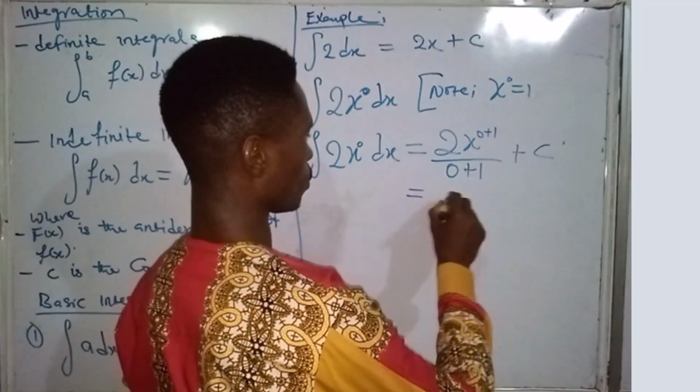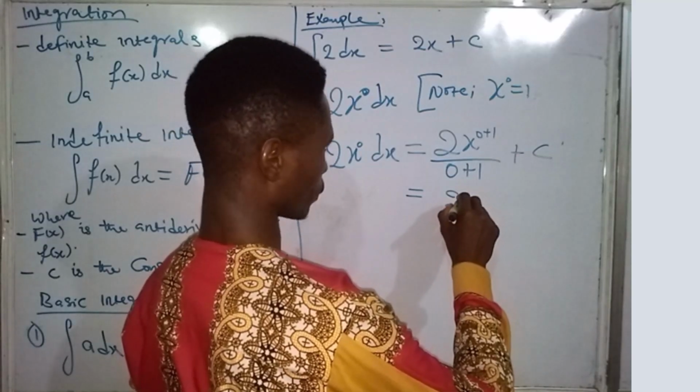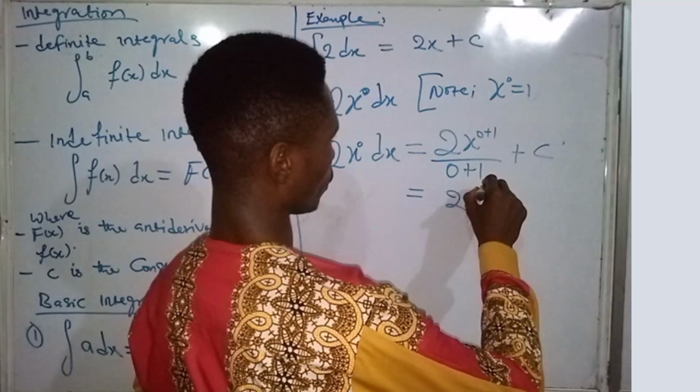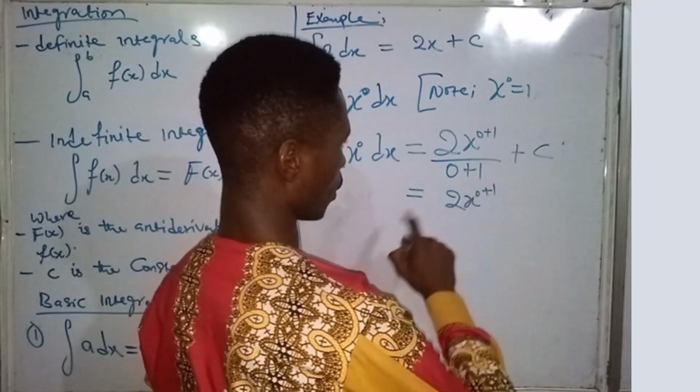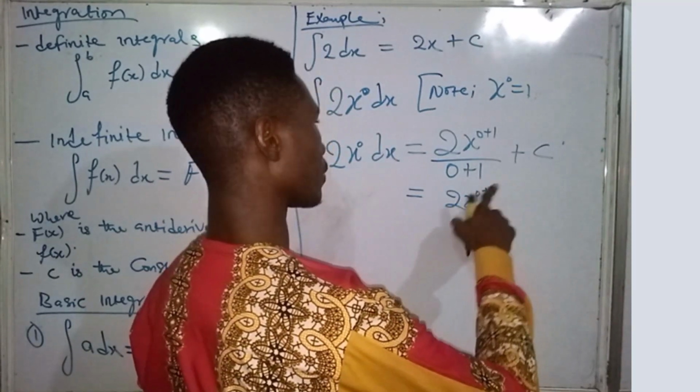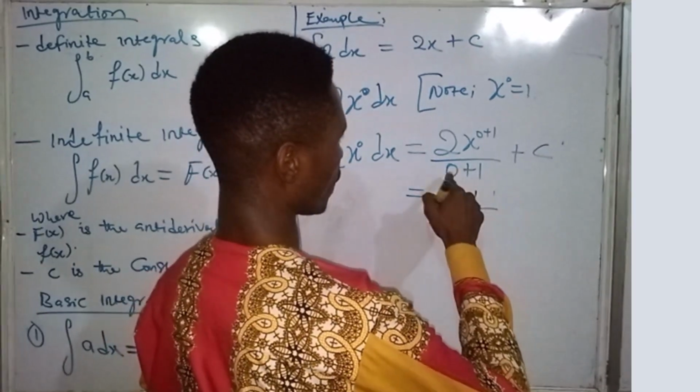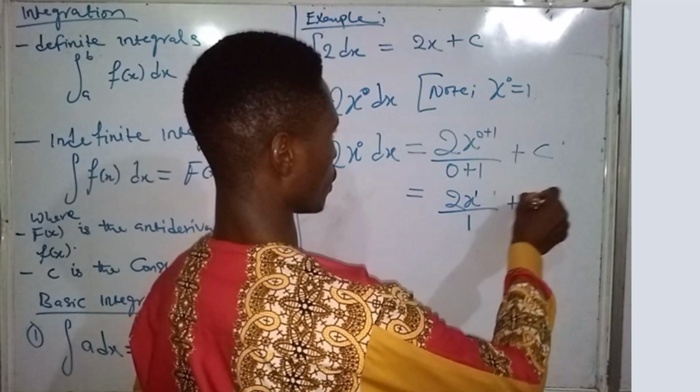So this becomes 2x power 0 plus 1, or 0 plus 1 rather, should give us 1, all over 0 plus 1 is 1 plus c.